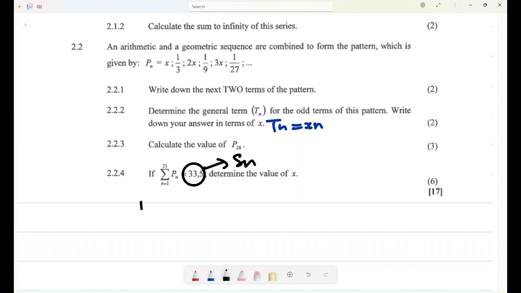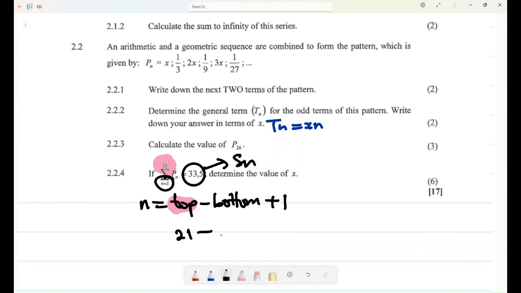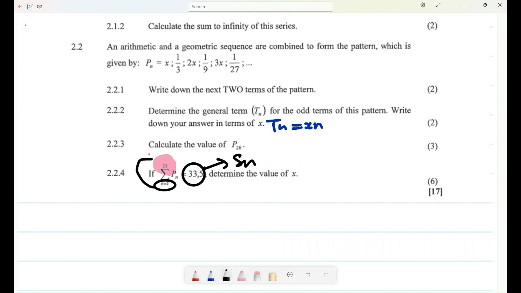Remember, I said the number of terms is equal to top minus bottom plus 1. What is top? Top is this, 21. Minus bottom, which is 1, plus 1, which gives us 21. I normally tell my students that if you have n or p or whatever letter here equal to 1, the number of terms is exactly this.